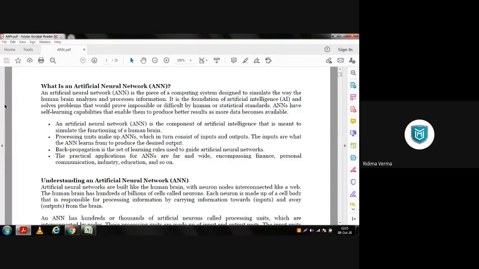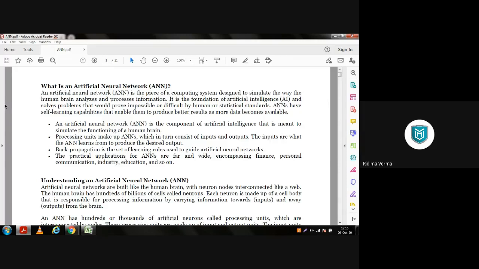An artificial neural network is a piece of computing system designed to simulate the way the human brain analyzes and processes information. It is the foundation of artificial intelligence, because intelligence obviously is related to the brain, and in the brain we have brain cells, which are neurons, directly related to neural networks.